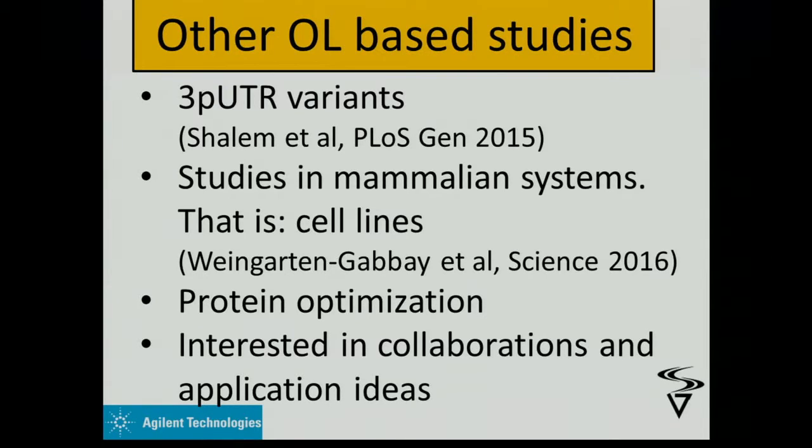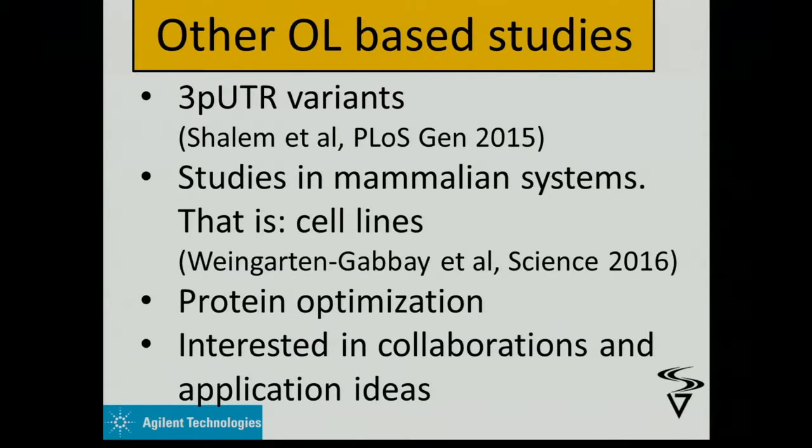I showed promoters and transcription factor binding sites, but it can be anything: regulatory, coding, splicing, any kind of mechanism that you want to study, as long as you have a way to measure which of the variants worked better than others, and then that will teach you something about the mechanism that you study.